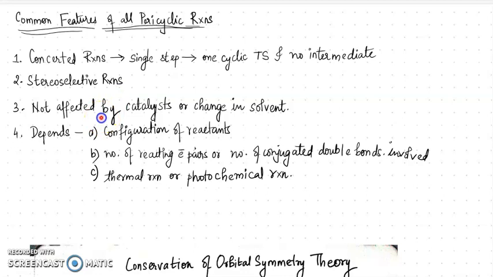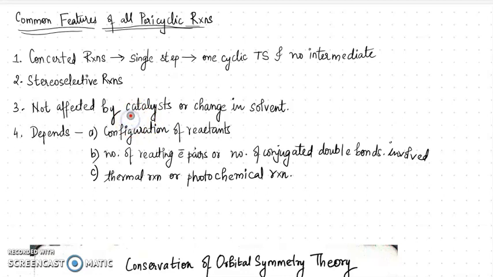Another important feature of pericyclic reaction is that they are not affected by any kind of catalyst or change in solvent. You can understand, because often the catalysts are metal species and they interact with charged species. As I told you previously, pericyclic reaction doesn't involve any charged species.